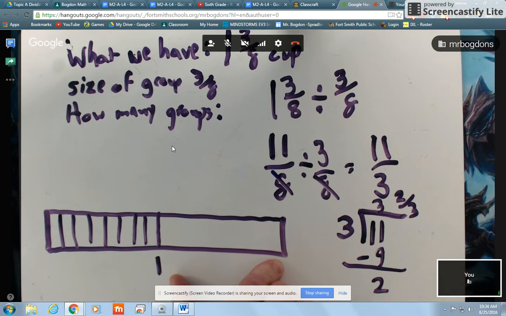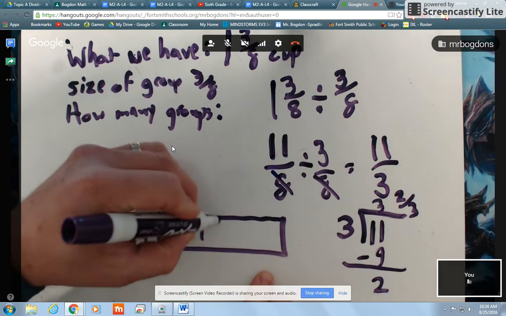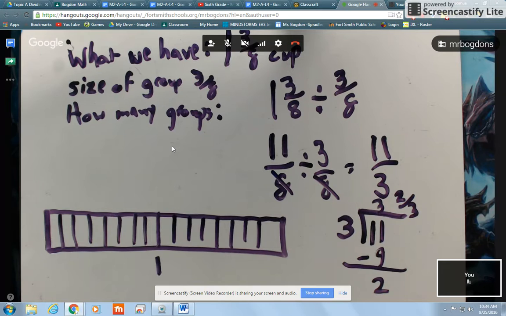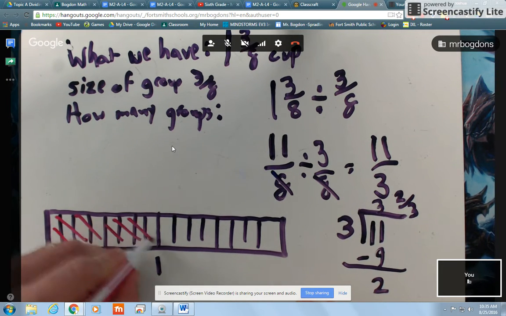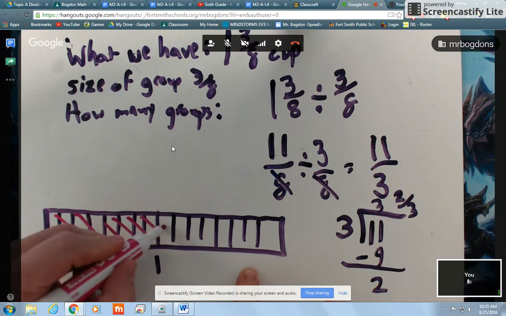How can I model 3/8? How many pieces do I need? 3. I need 8 to show eighths. 1, 2, 3, 4, 5, 6, 7, 8. Now, I know that I have all of the 1. Then how many of these eighths do I need to shade in to show 3/8? 3.